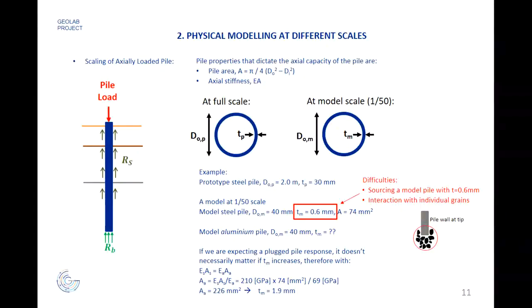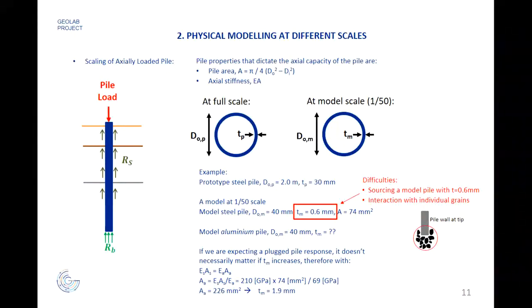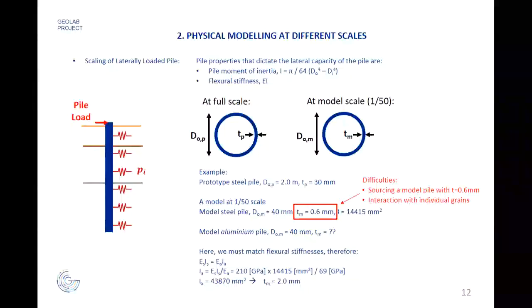So sometimes this parameter is not totally scaled, so we have to take care about that. We may also have some scale effect at the contact between the base of the pile and the number of grains in contact with this structure. We know how to avoid scale effect. For instance, in clay, there is no scale effect. In sand, we have to respect some rules that have been established by the scientific community.